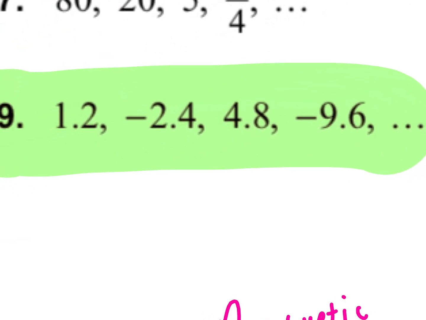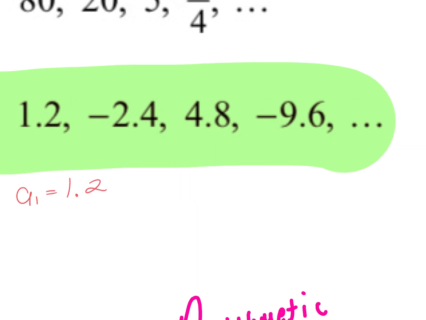All right, let's figure out my first term here is 1.2. What is my common ratio? How do I figure that out? Take one of your terms, do this, everybody in your calculator, and divide it by the one in front of it. What's 4.8 divided by negative 2.4? Negative 2.